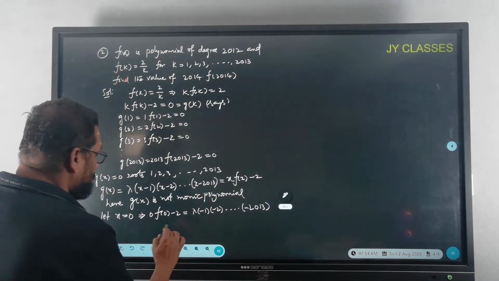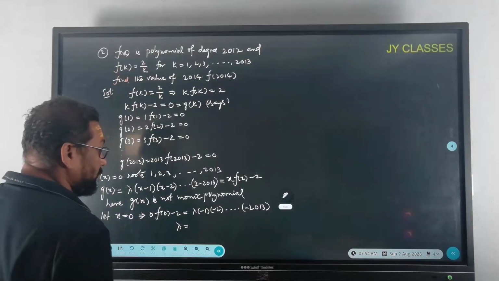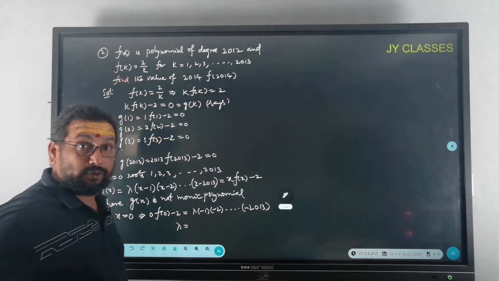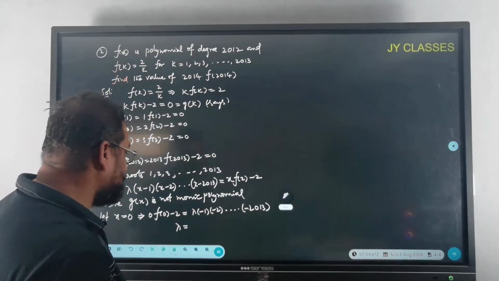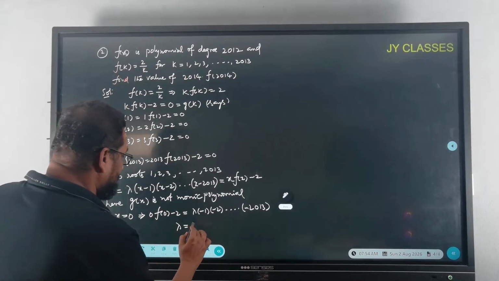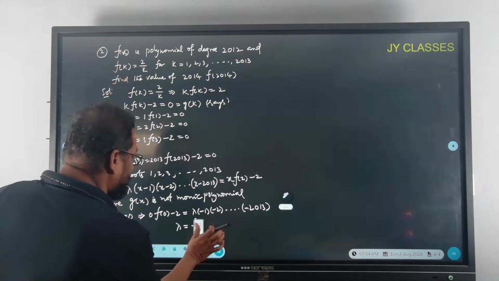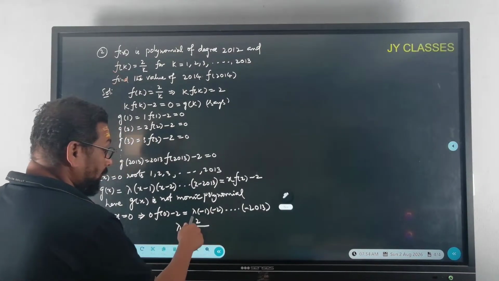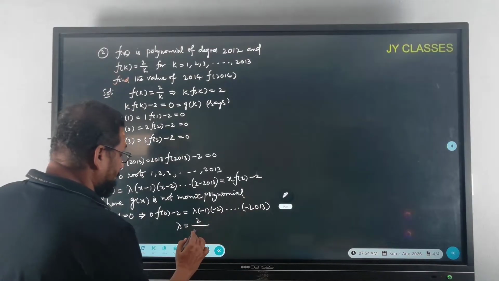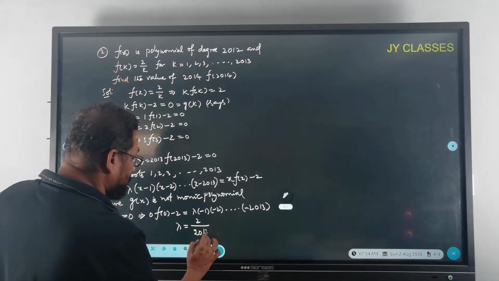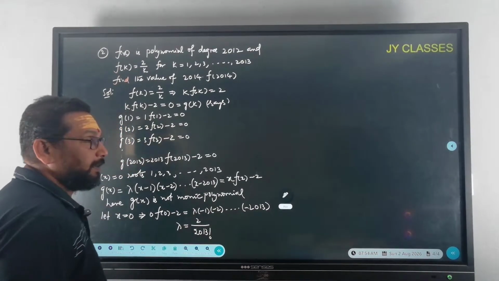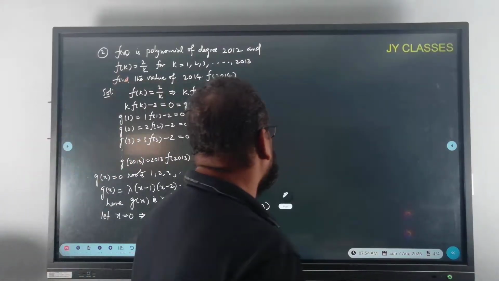So lambda is equal to minus 2 by the product, negative multiplied 2013 times becomes negative, negative by negative, and the continuous product 1 to 2013 is 2013 factorial. That is lambda.